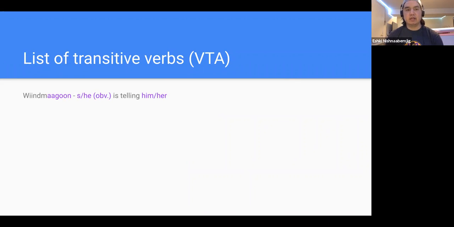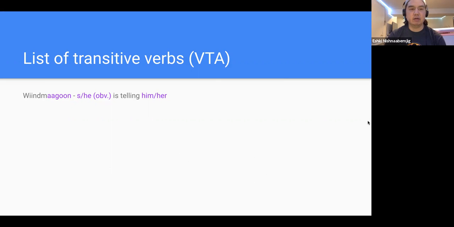So going through the same list that I did before with the on, he or she's telling him or her obviative. So now we're doing the obviative person is now doing something to the main character in the sentence.